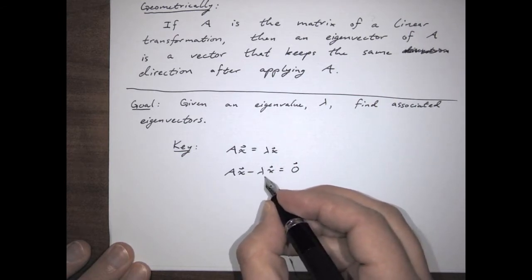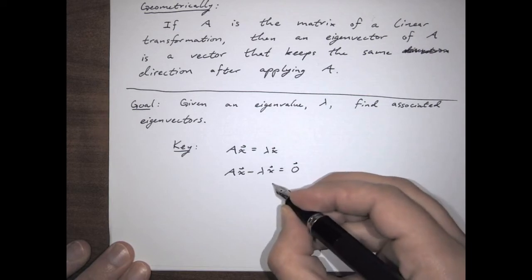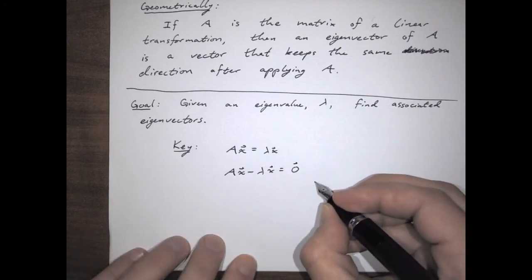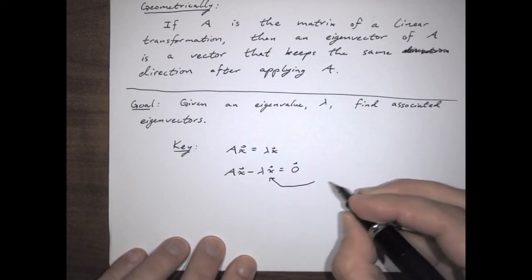So here's what we can do to write this. Now I want lambda to be a matrix.